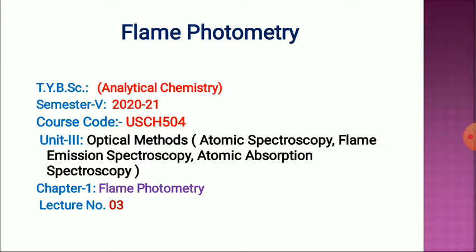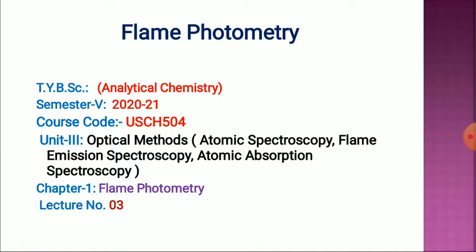In the previous lecture, we have seen the basic principles of flame photometry. Then we have seen the instrumentation of the flame photometer. In that, we have seen the basic components of the schematic diagram of the flame photometer.